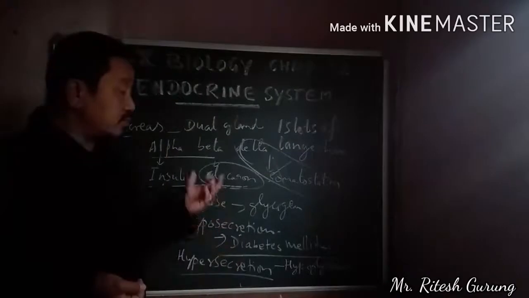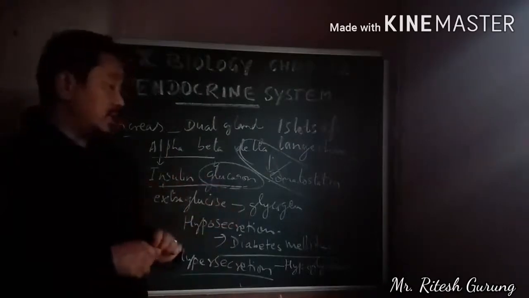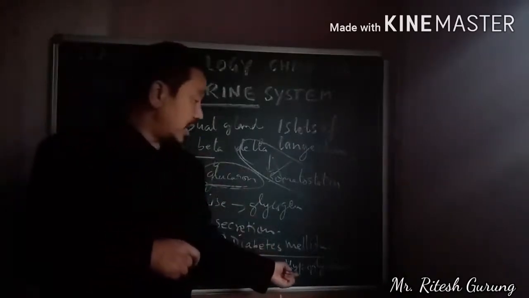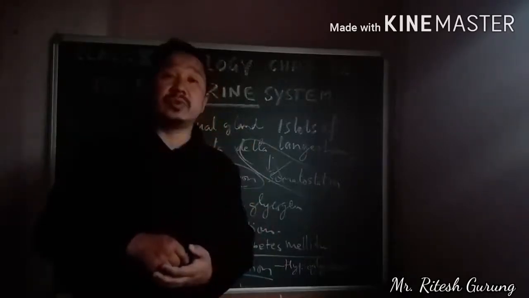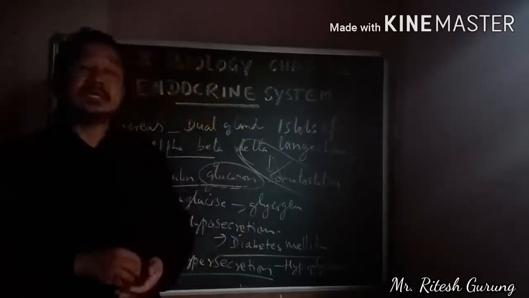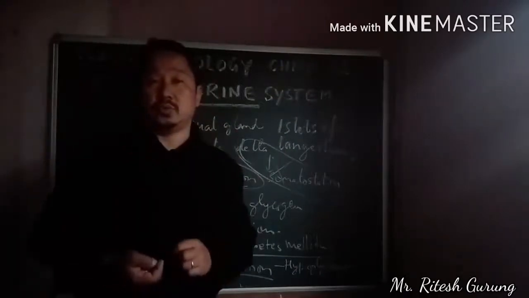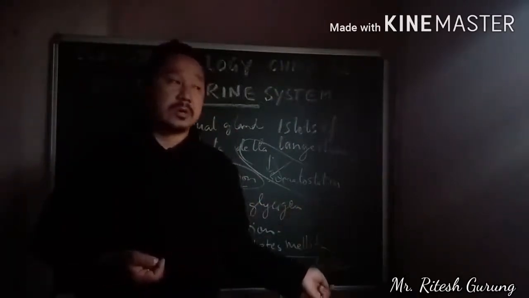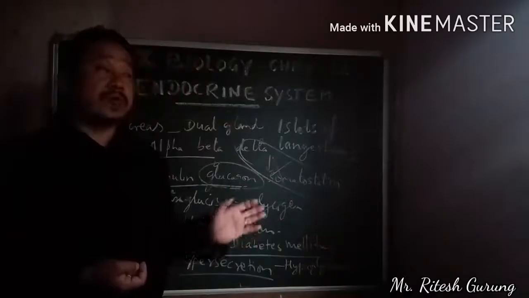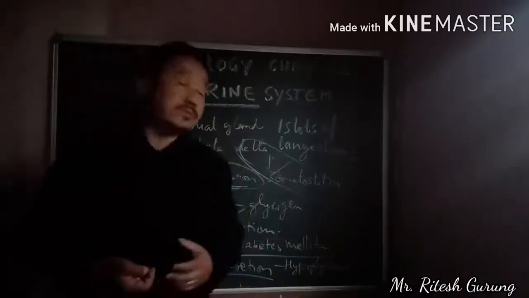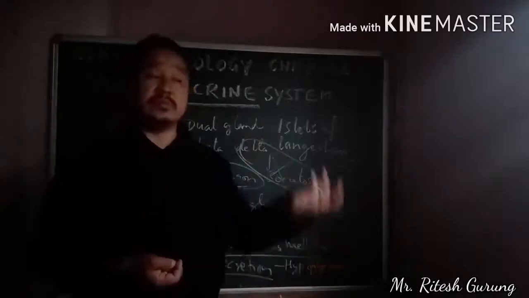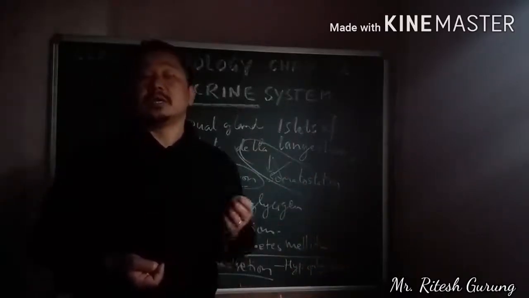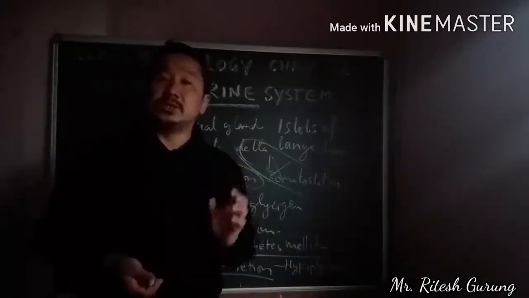If it is secreted more than the body requires, then obviously hypoglycemia will be there, the sugar level will be less, consequently the brain will reach the state of coma also. And that particular condition is sometimes seen when an overdose of insulin is given to a patient of diabetes mellitus. The same problem will be there, and that particular problem is called insulin shock.